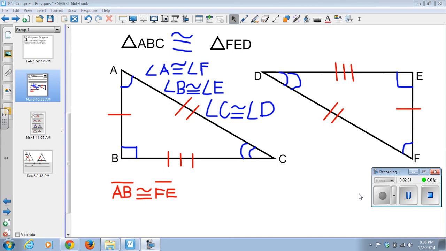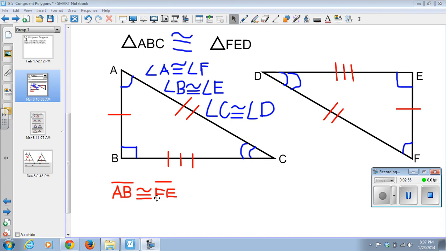Now, technically it doesn't matter which order you list your letters for the segments. AB is the same as BA, FE is the same as EF. But if we look at the triangle notation, and since AB is in that order there and FE is in that order there, I chose to keep it like that. But I will not mark it wrong if you do it the other way.